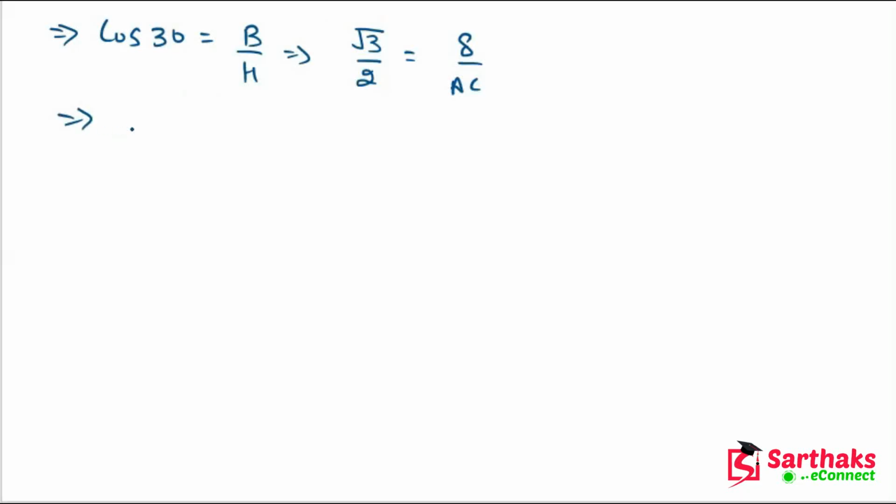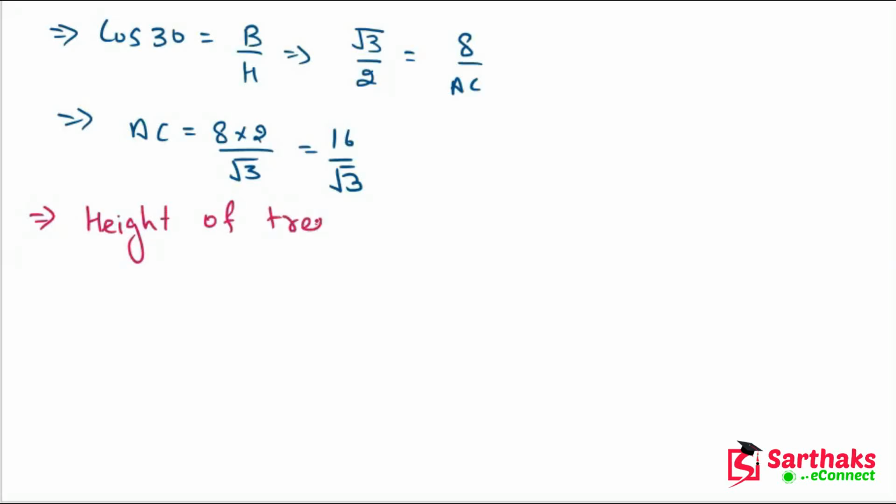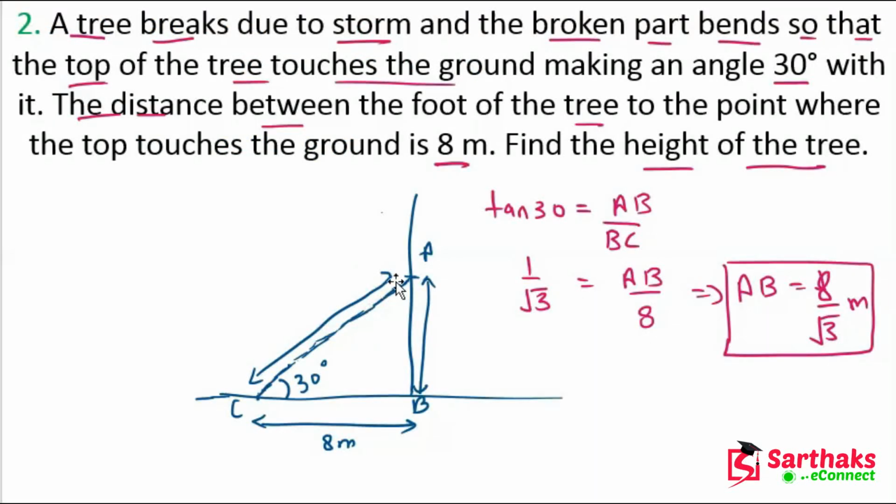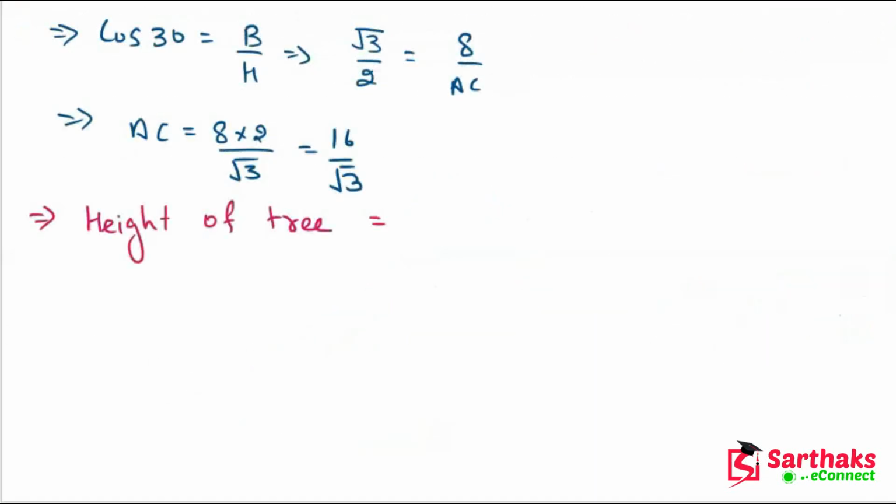So from this we have AC equals 8 into 2 divided by root 3, means 16 upon root 3. Now, height of tree is equals to AB plus AC.